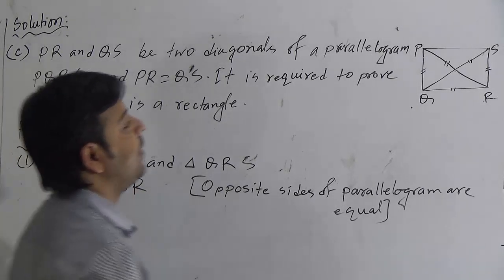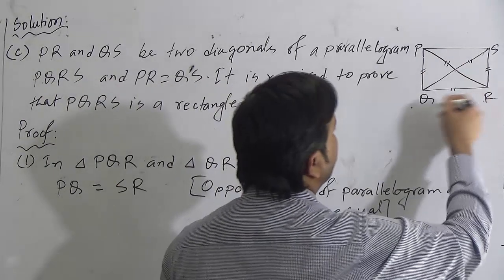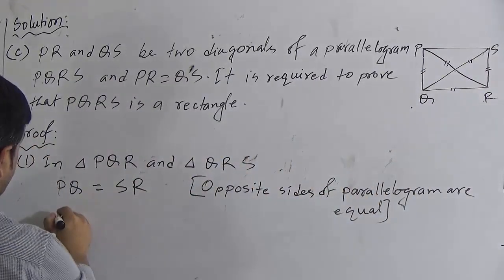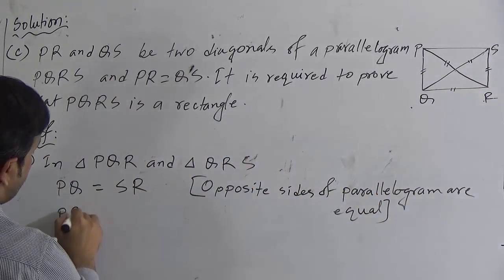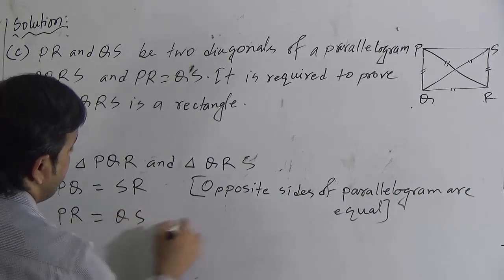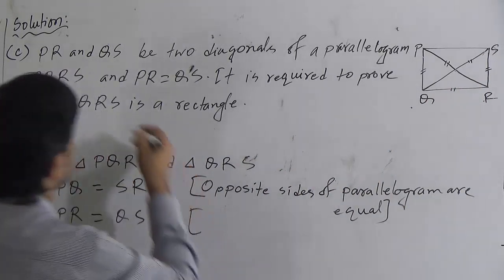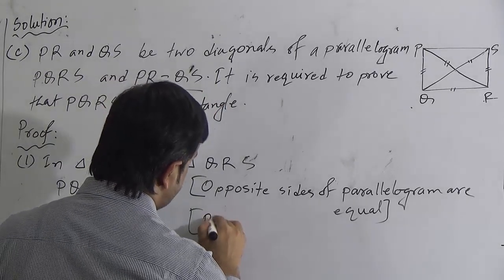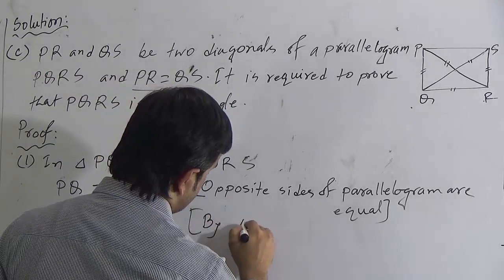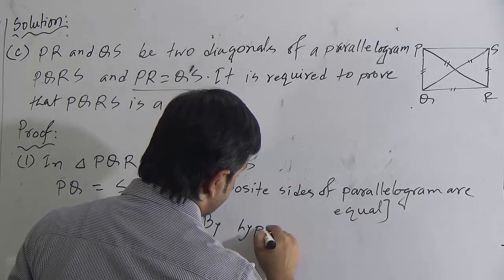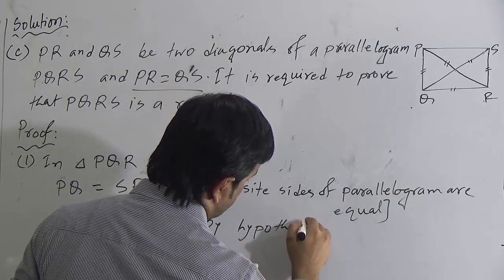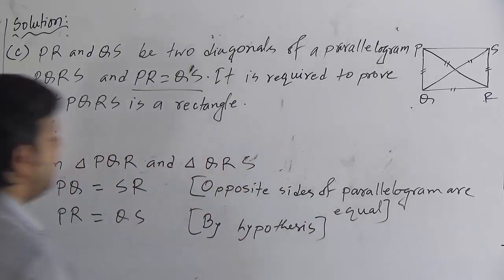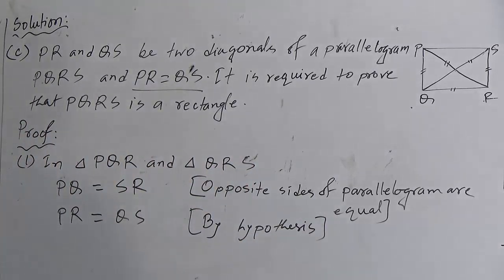We need to compare here another side. PR equal to QS. PR is equal to QS, as these are two diagonals and this is given. We can write here by hypothesis. By hypothesis, it means given.